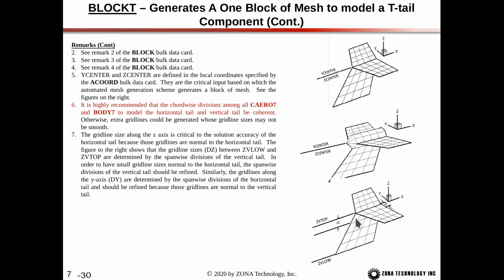So this DZ value is defining the height of the boxes that are sitting below this C07. So you want to make sure that those are small enough, and then that they grow at an appropriate size as you move away from this intersection.